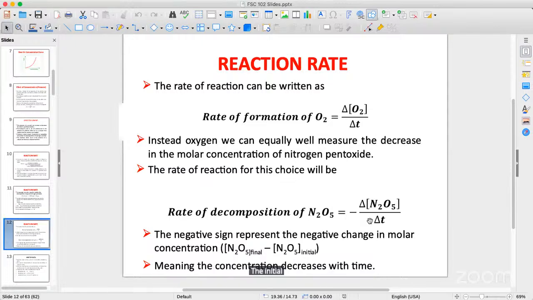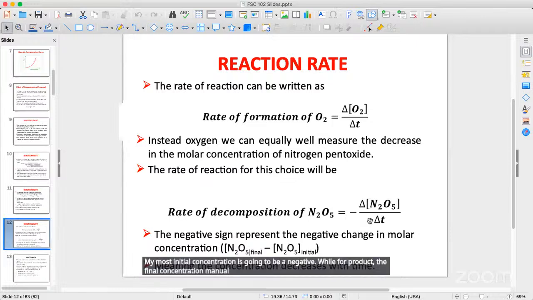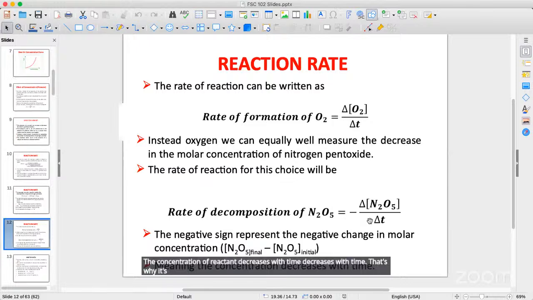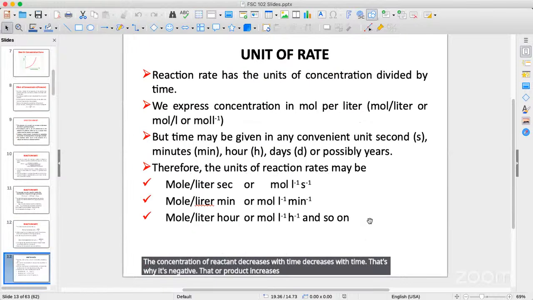The final concentration of the reactant minus the initial concentration is going to be a negative, while for product, the final concentration minus initial is going to give you a positive. The concentration of reactant decreases with time. That's why it's negative. That of product increases with time. That's why it's positive.